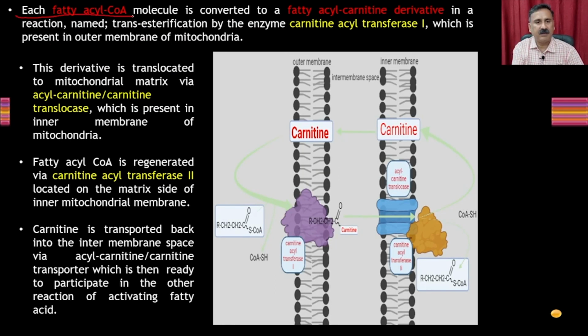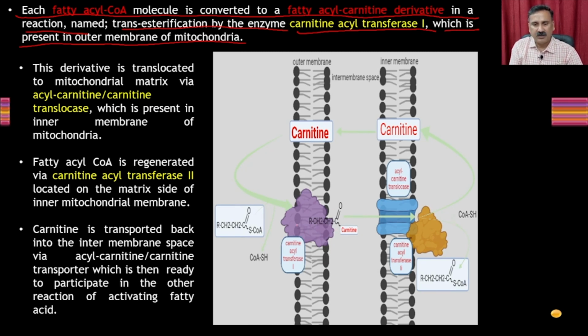Each fatty acyl CoA molecule is converted into a fatty acyl carnitine derivative in a reaction named transesterification, and this reaction is catalyzed by carnitine acyltransferase 1, which is present in the outer membrane of the mitochondria. So this enzyme takes up the fatty acyl CoA and generates the fatty acyl carnitine derivative.